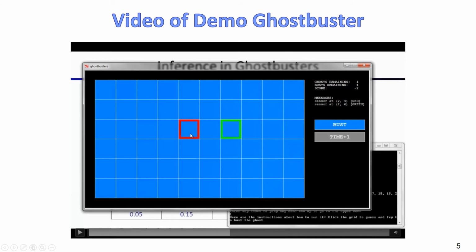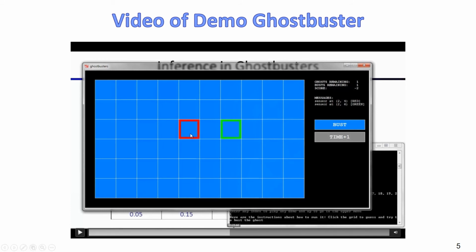Might be, but we cannot be sure at that moment. We don't have enough evidence. We don't have enough observations. So the probability that the ghost is here is not high enough for us to say bust. So we can decide to continue and do some readings around this cell.